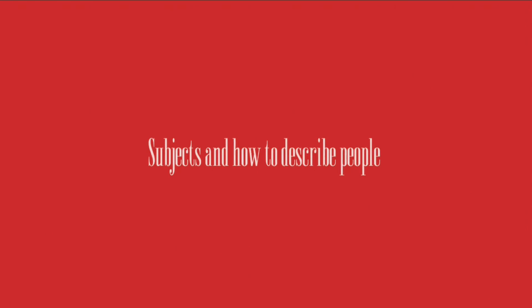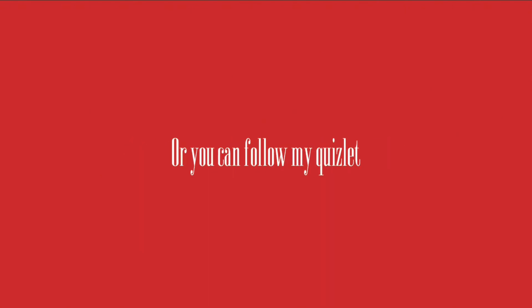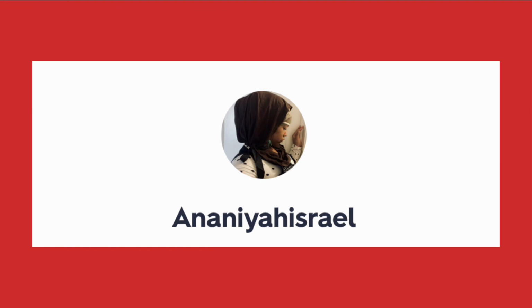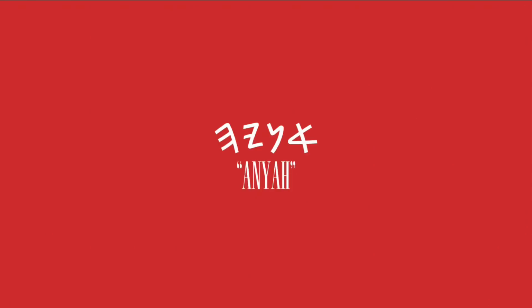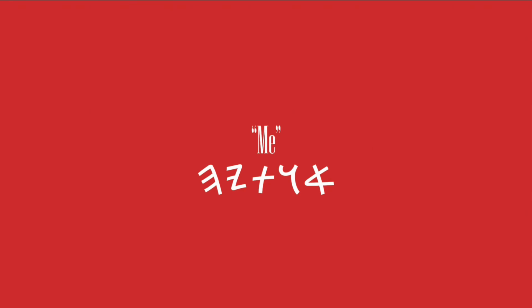The next thing we're going to be looking into is how to describe people. Now, there is a long list of subjects, and I won't be using all of them today. I will instead have instructions for the Quizlet in the description box. But to go over a few, to say I'm or I, you would use Anya. To use me, you would say Awathya.